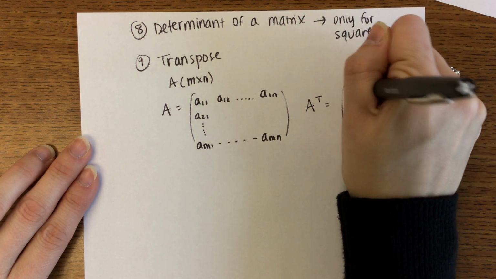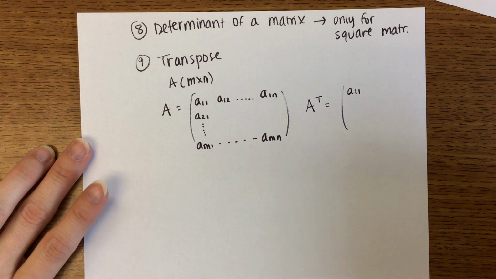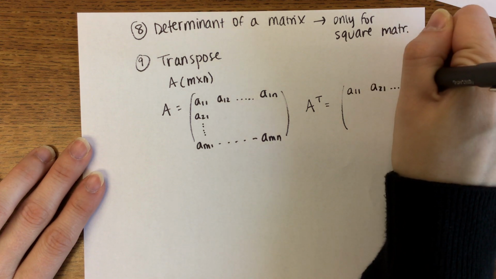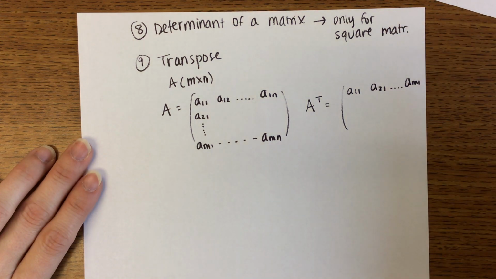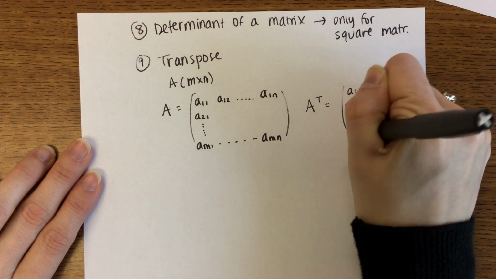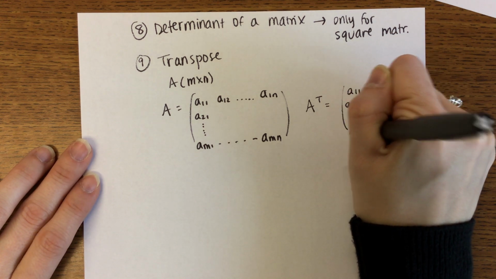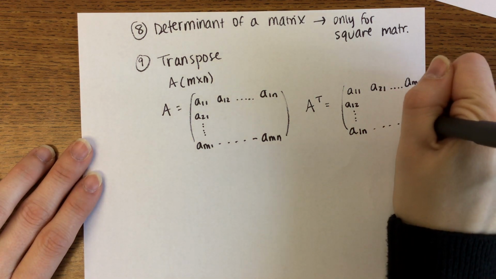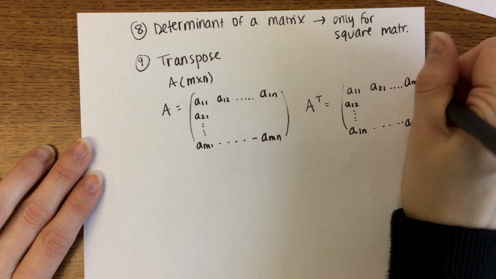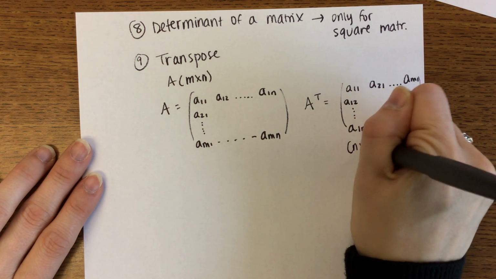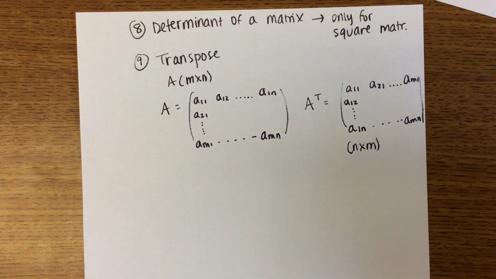The first element is still A11. The second element is A21, all the way up to AM1. This is A12, all the way up to A1N, and all the way to AMN. So this matrix is an N by M matrix.